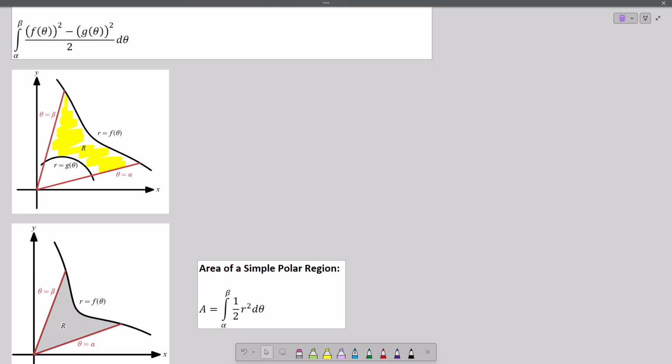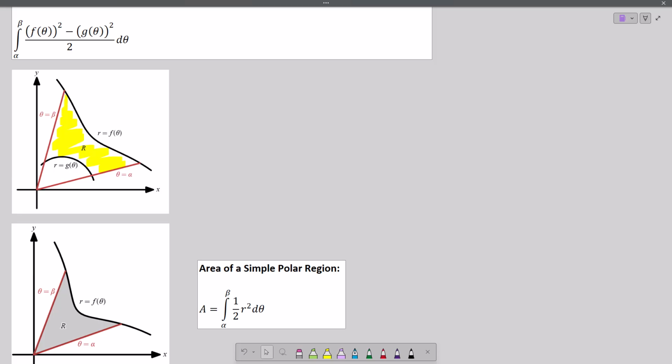Well, then you do the same thing that we did back with the washer method. You find the area between the outer curve and the origin, you find the area between the inner curve and the origin, and you take the difference. And that's why we have the subtraction. So we take the outer function, square it, take the inner function, square it, take the difference. So it's very similar to the washer method.